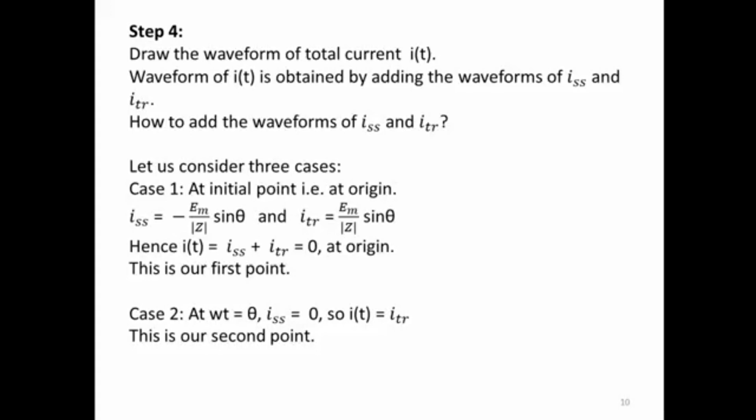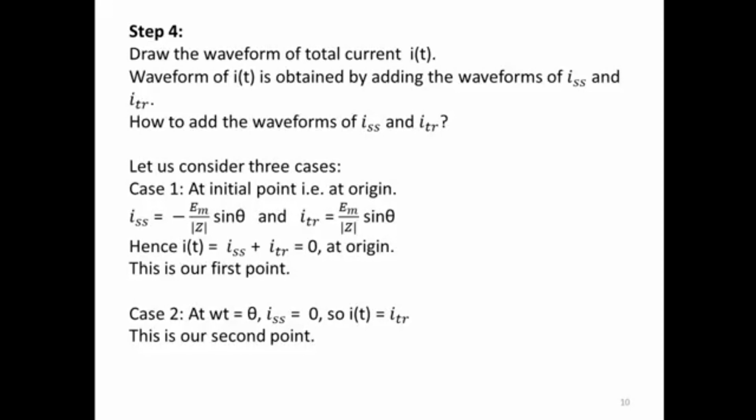I repeat, at the initial point, that is at origin, the total current is always 0. Why? Because, as I said earlier, at origin the values of steady state current and transient current are always equal and opposite. That is why their sum is always 0 at origin, giving a 0 value of total current at origin. This will be our first point.